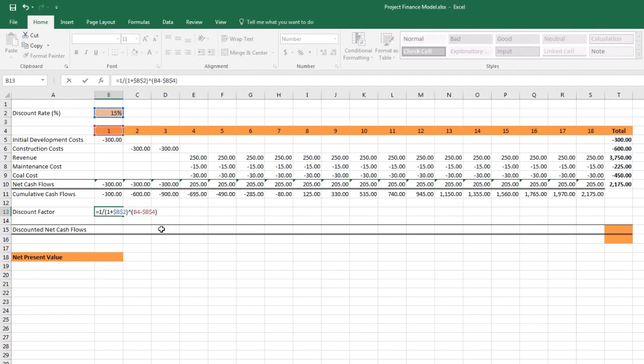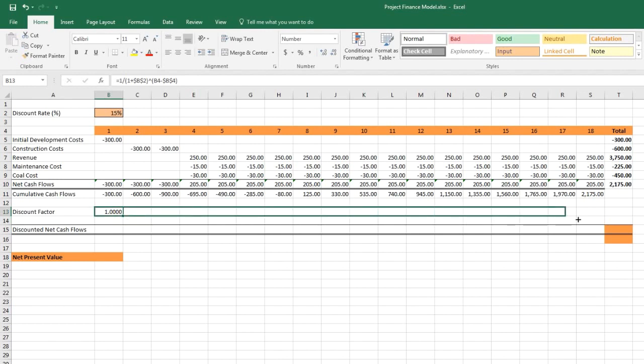Essentially, the formula is equals 1 divided by 1 plus 0.15 to the power of 0. That is year 1 minus year 1. If you hit enter, the discount factor for the first year is 1.000 exactly.